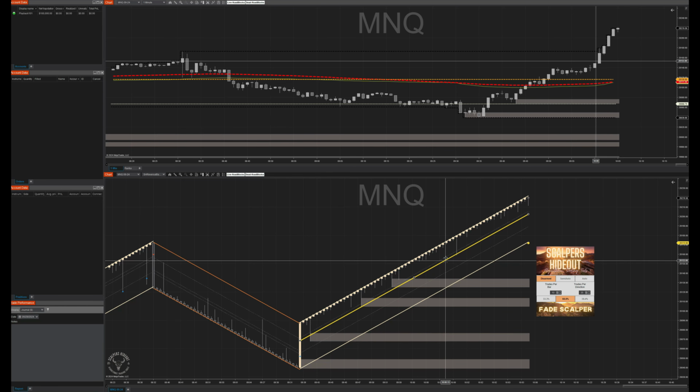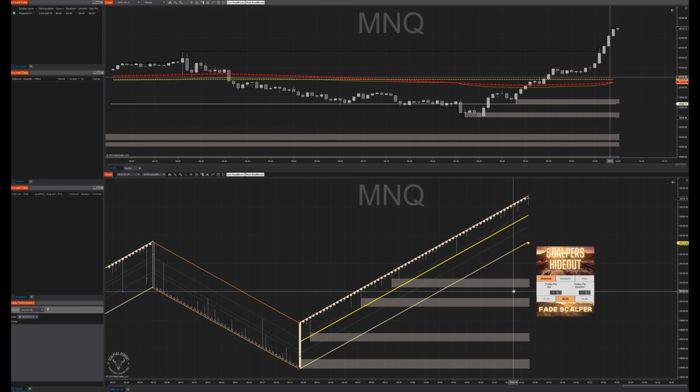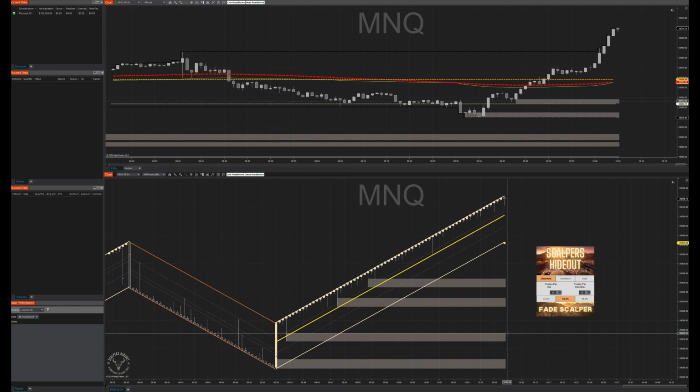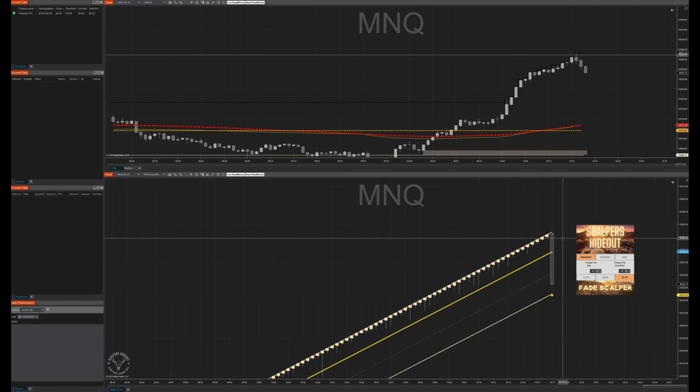But yeah, this is moving at a very slow pace at this point. I will probably fast forward, and we'll catch you at the first trade. Right, it looks like we might turn around here, which is what I'm waiting for.